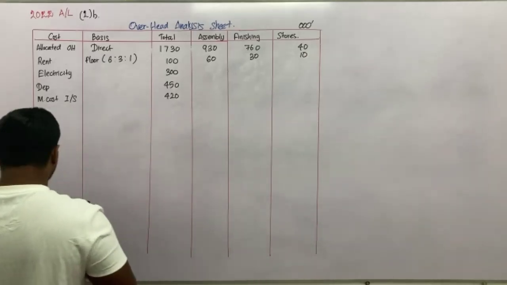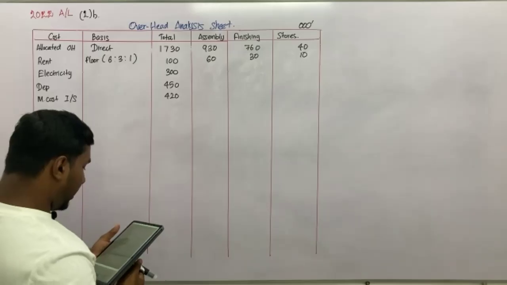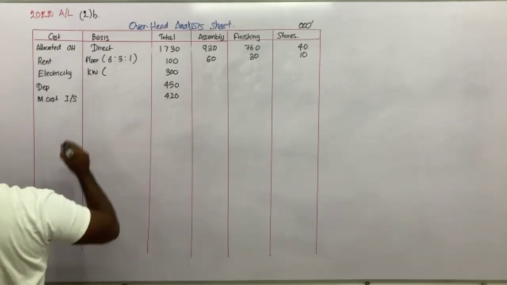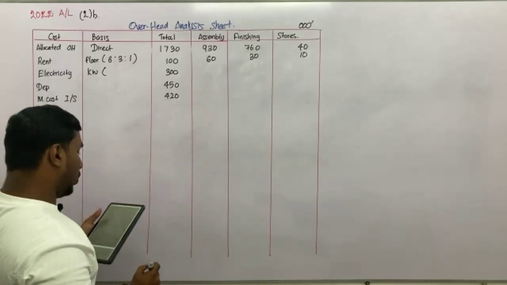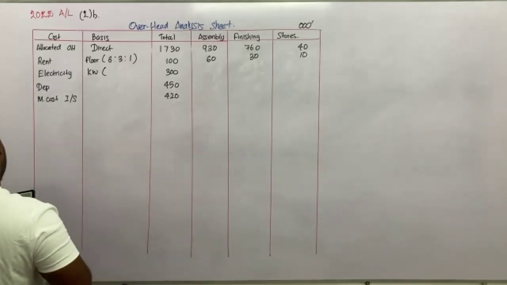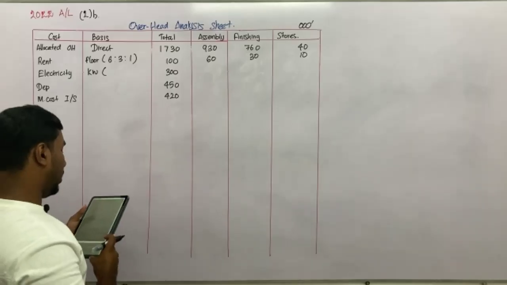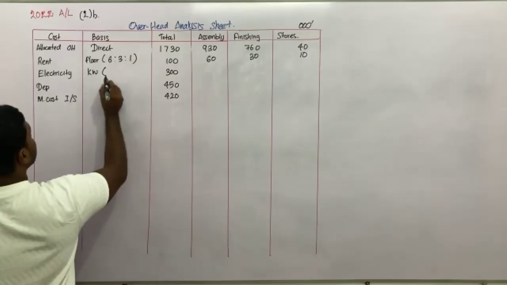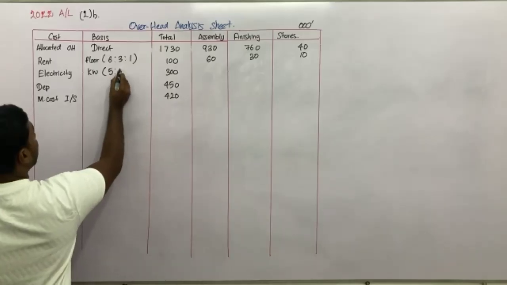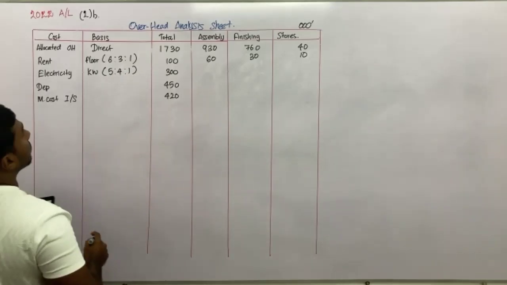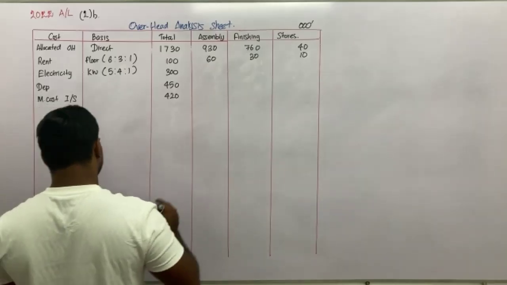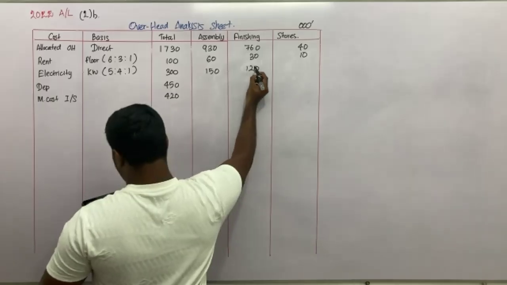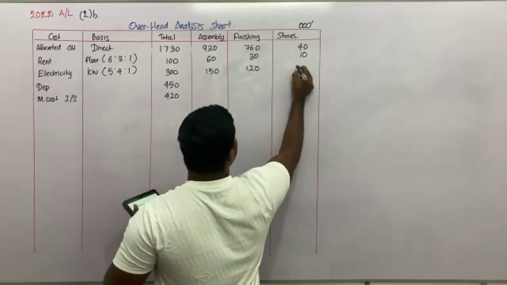Electricity, the basis is kilowatt hours. You can divide both by 2000, so 1 to 4 to 5, that is, 5 to 4 to 1 for the electricity: 150, 120 and 30.